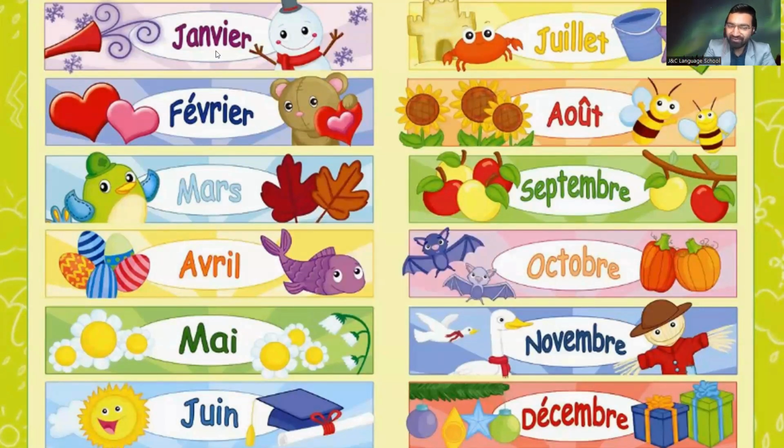It's janvier, février, mars, avril, mai, juin, juillet, août, septembre, octobre, novembre, décembre. All right, so that's how we say months of the year in French.